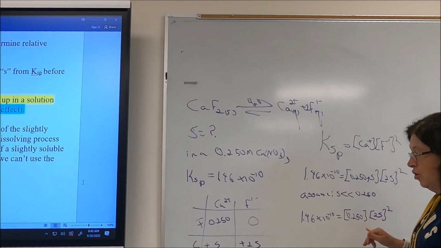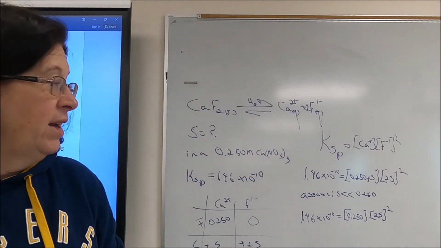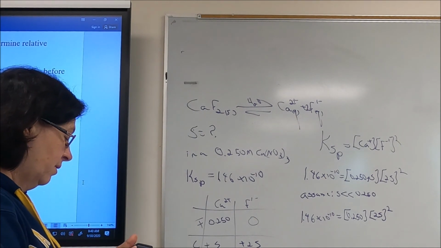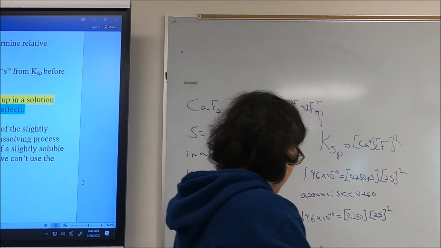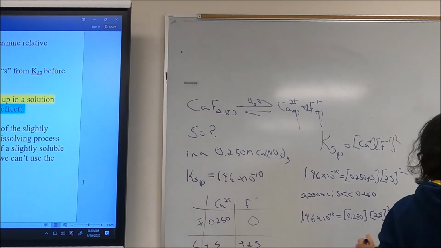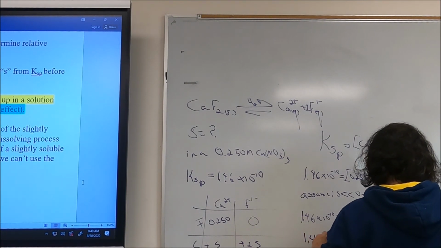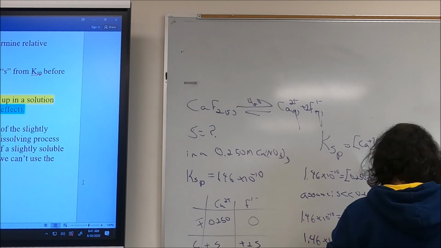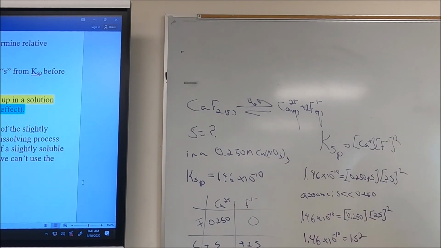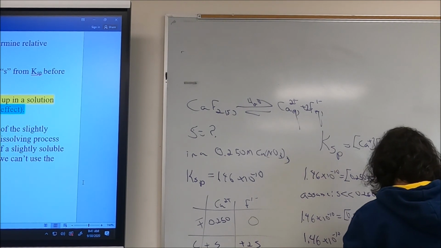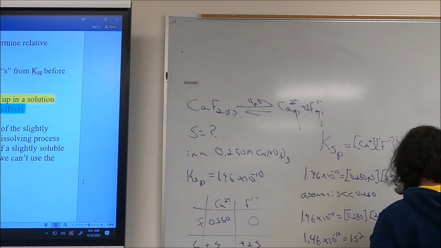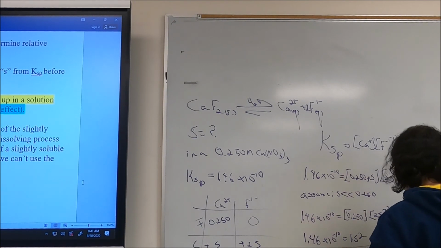So 2 squared is 4 times 0.25 should be 1. Yep, I get 1.46 times 10 to the minus 10 is equal to 1S squared. So take the square root of 1.46 times 10 to the minus 10. I get S to be 1.21 times 10 to the minus 5.